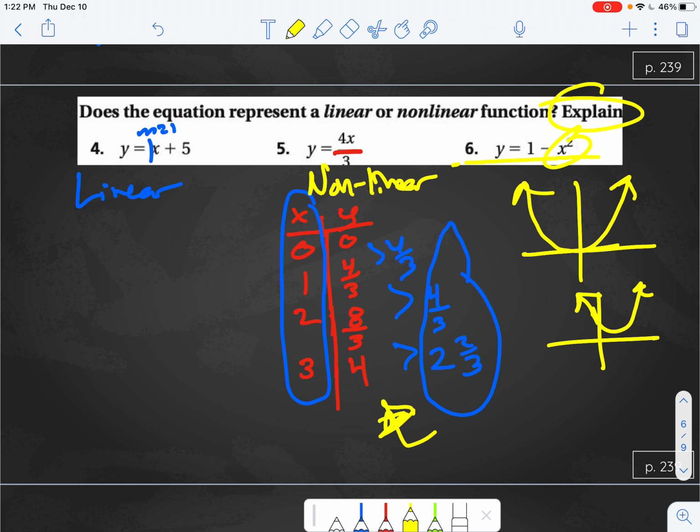So if we see a parabola in a graph, or if we see x squared in an equation, then we should see right away that that is non-linear.